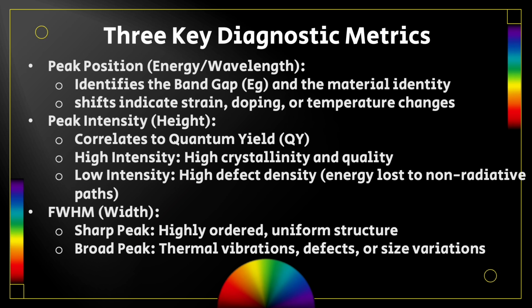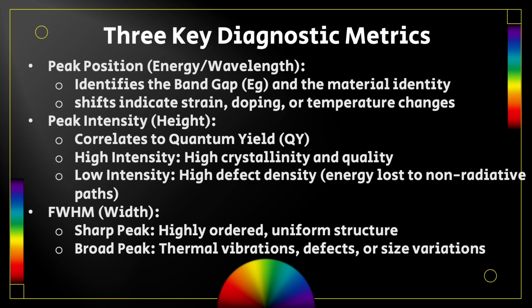This acts like a fingerprint. It identifies the material. For example, if we see a peak at specific energies, we know we are looking at gallium nitride or another specific semiconductor. Furthermore, if this peak shifts to the left or right, it tells us that the material might be under strain, heavily doped, or affected by temperature change.